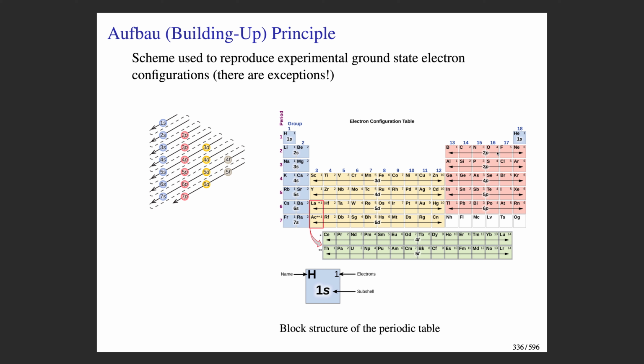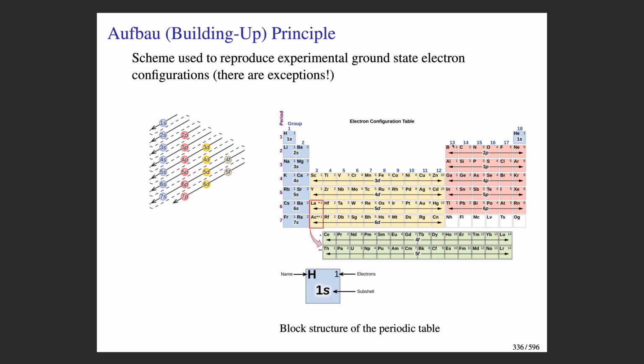The block over here corresponds to the p atomic orbitals. So after you've put in 1, 2, 3, 4 electrons, so you've filled the 1s orbital, and then you've filled the 2s orbital, then you start filling up the 2p orbitals.